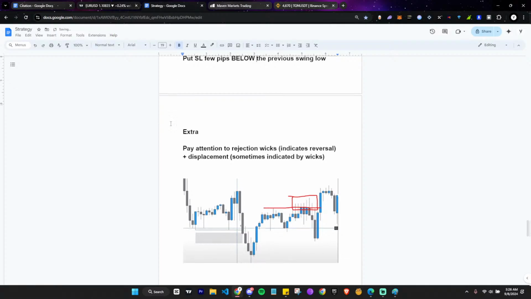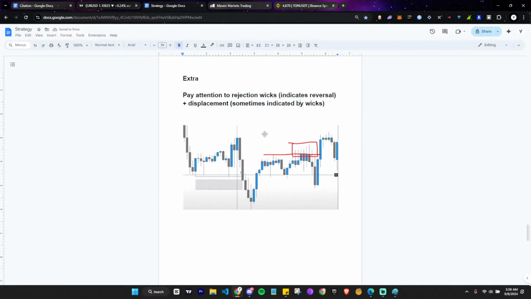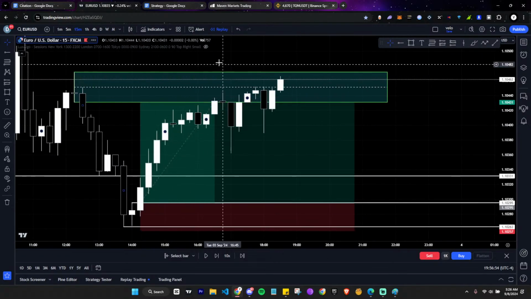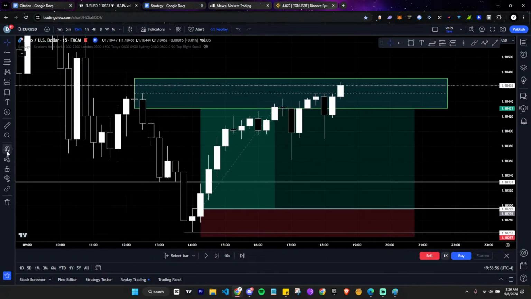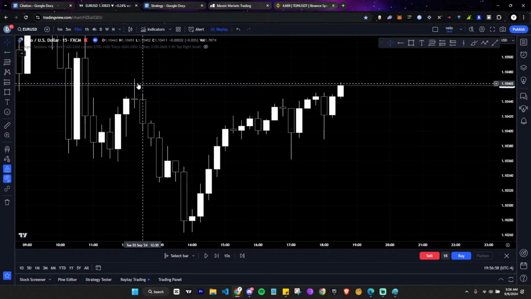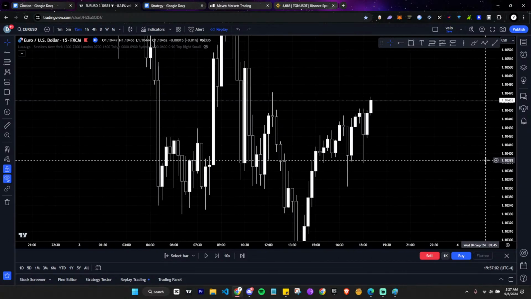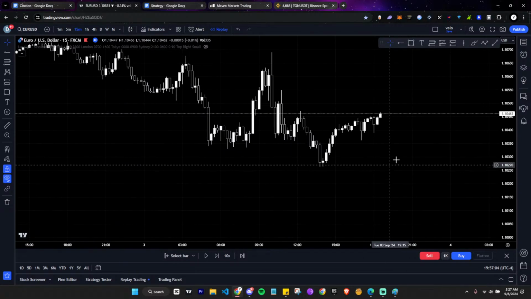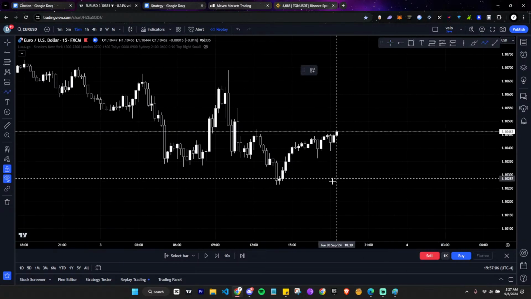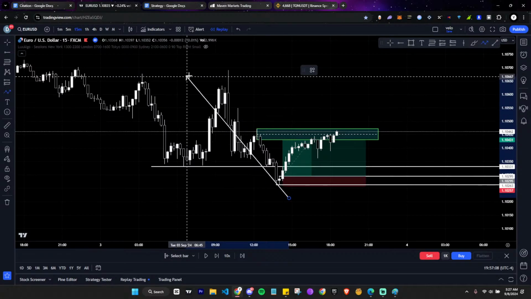Basically, rejection wicks, like I mentioned, mean manipulation. As you can see, this is a rejection wick over here. You will also want to observe the displacement. For example, this is slow compared to this move.